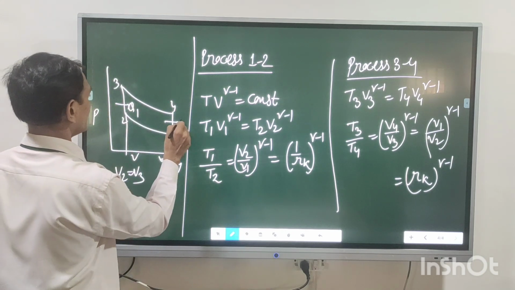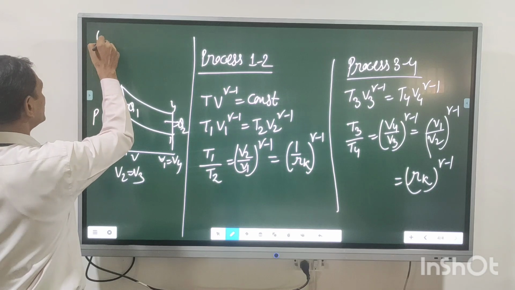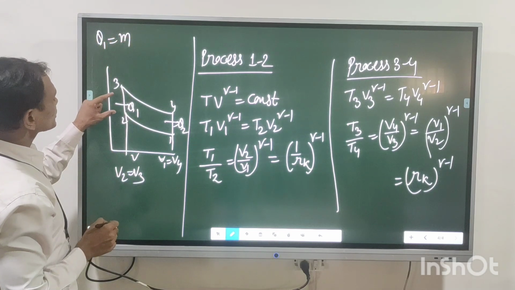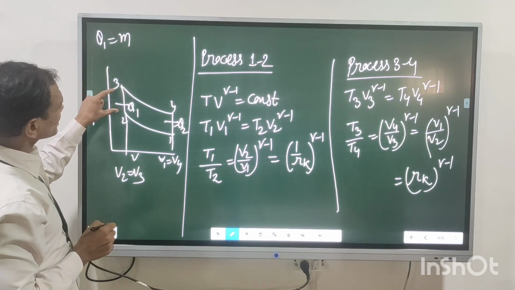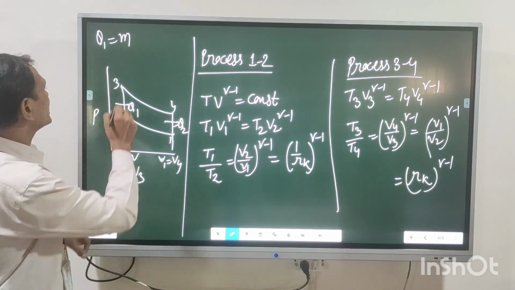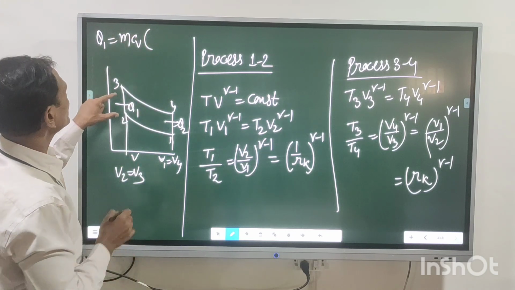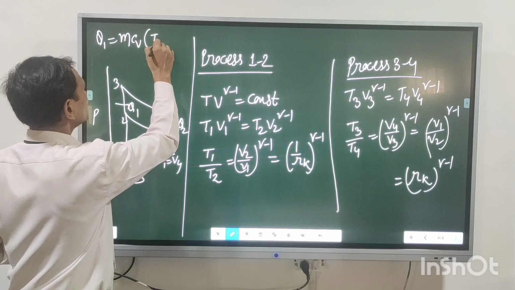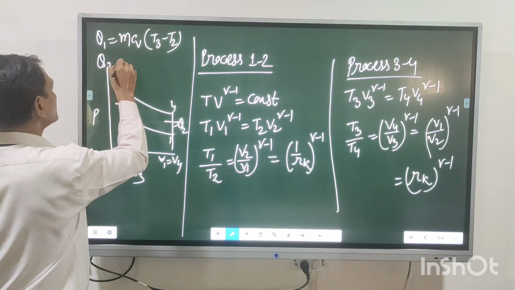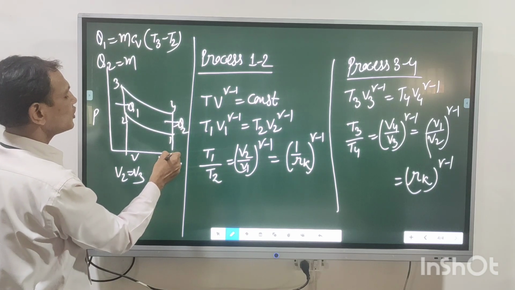Now here Q1 and here Q2. Q1 is the heat supplied. Heat supplied Q1 is equal to m, and this process is going on at constant volume. Isochoric means volume constant. So m Cv, process 2 to 3, T3 is higher, so T3 minus T2. And Q2, heat rejected, is equal to m Cv (T4 minus T1), since this process is also at constant volume.